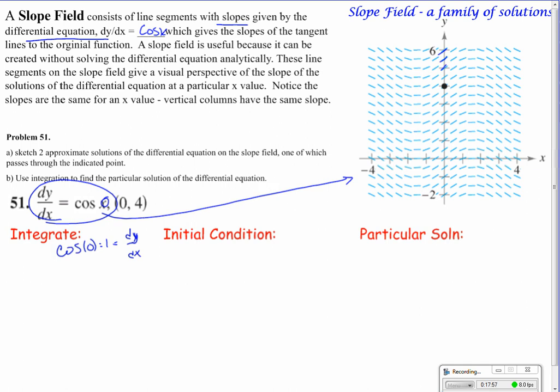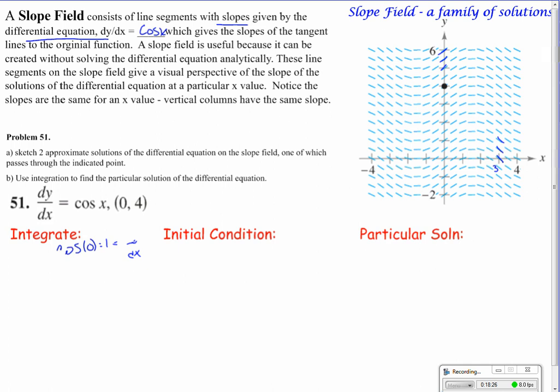And if I did cosine of pi, let's say, well, that's going to be close to a -1 slope. And if I look out here, pi is 3.14, you can see how there's negative slopes going on over there. So this differential equation, which really is the slope's equation, is displayed by the slope field.